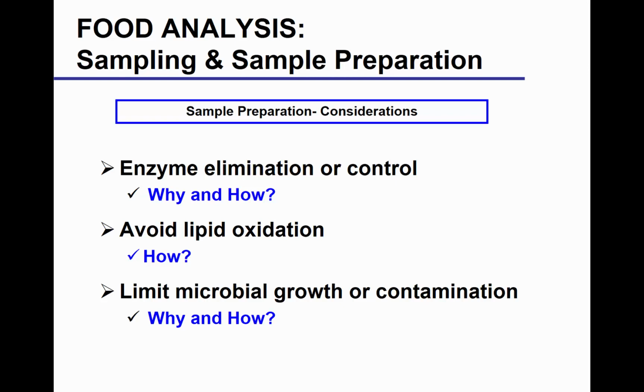Oftentimes we do dry it and get the moisture content, and then calculate based on dry basis and wet basis. So this is a common practice as well. Anything else we can do, Alex? Yes, we can store at cool temperatures. Again, -20 is a common thing. Another thing you can add is antimicrobial agents to prevent microbial growth.